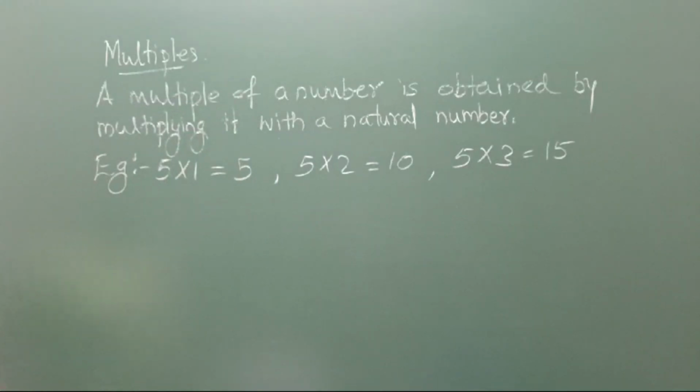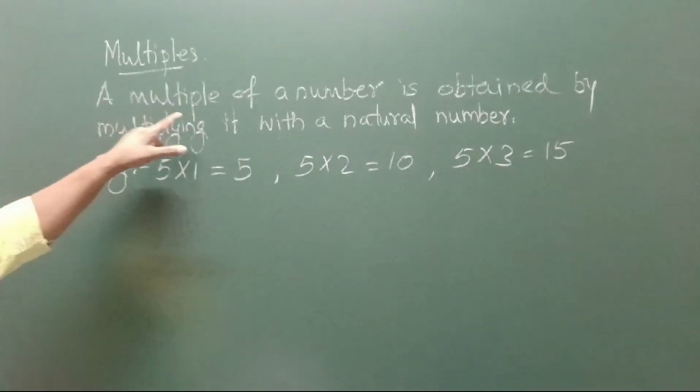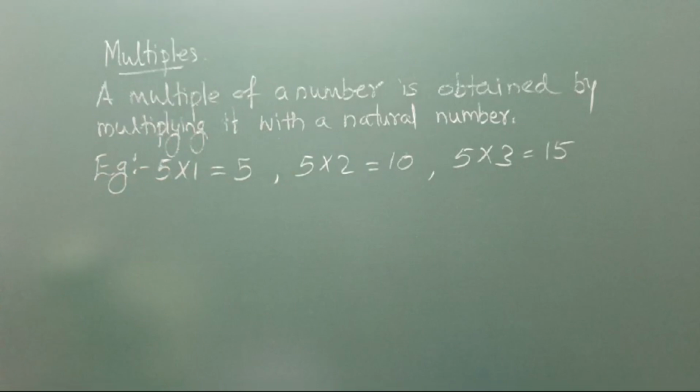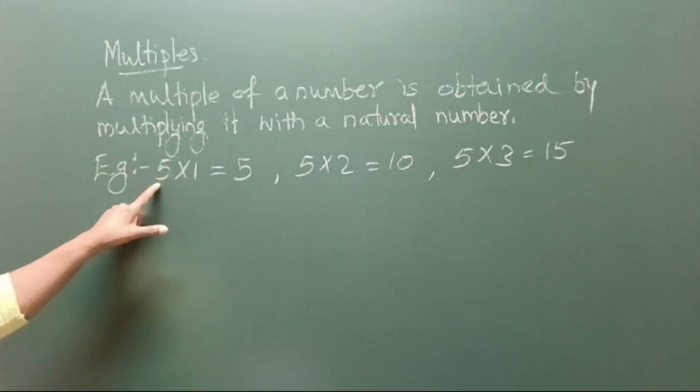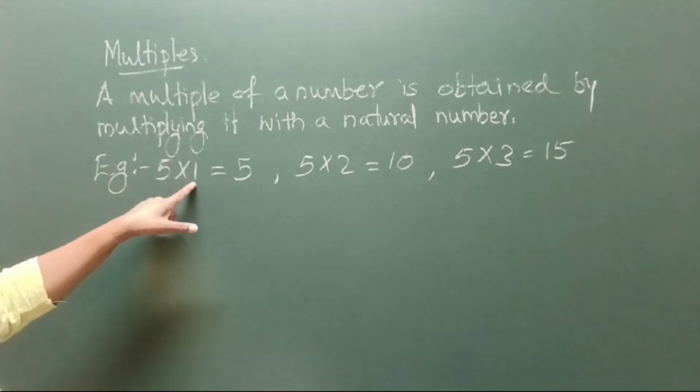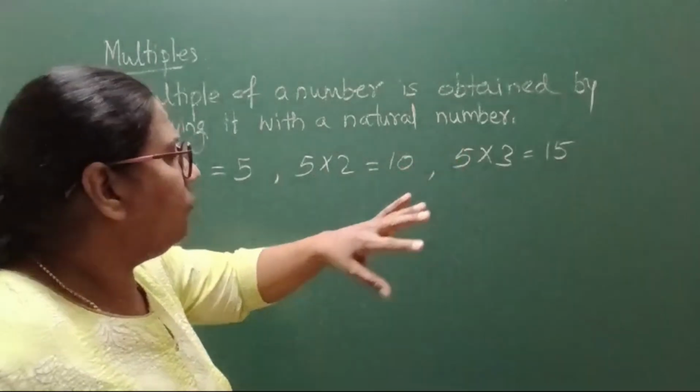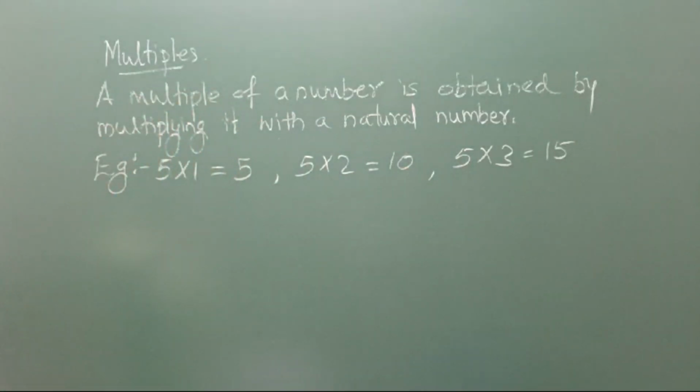Now here, a multiple of a number is obtained by multiplying it with a natural number. 1, 2, 3, 4, 5, they are all natural numbers.